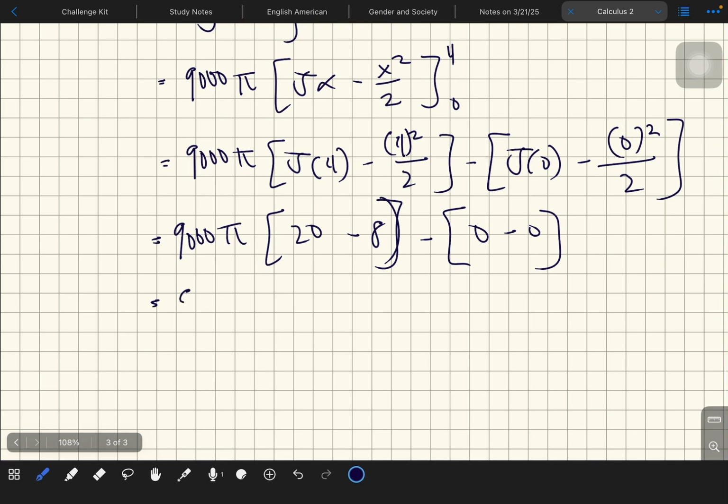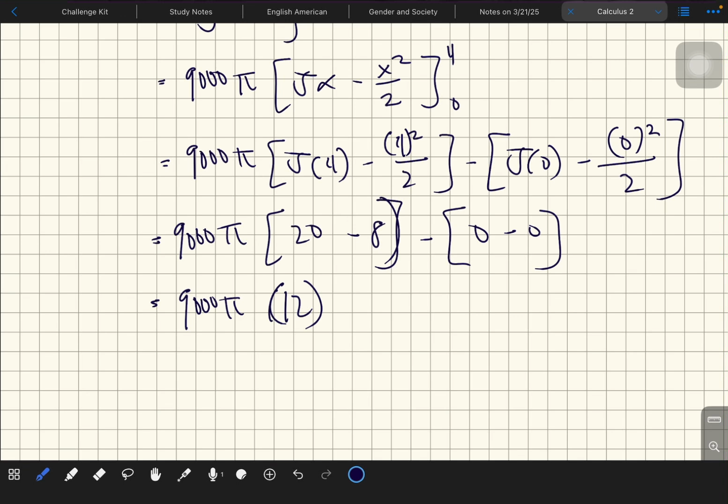So copy the 9,000 pi again. 20 minus 8 equals 12. 0 minus 0 equals 0.